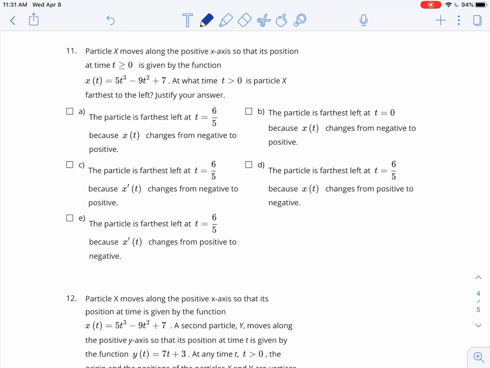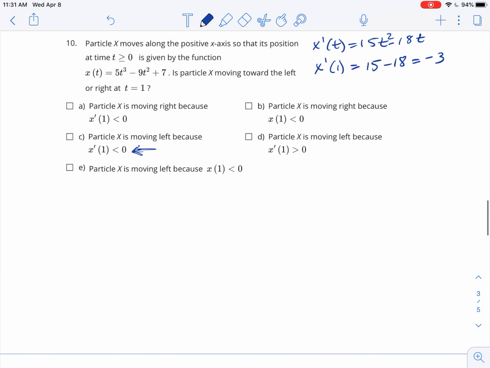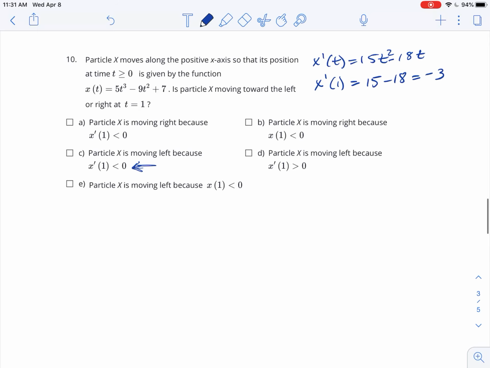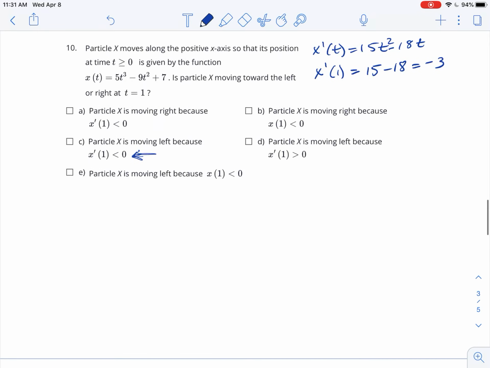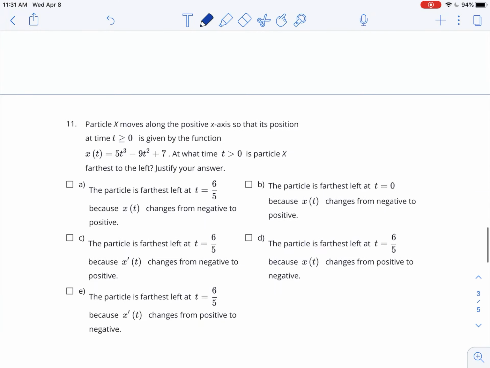Okay, 11, particle x moves on the positive x, so its position is given by this. At what time is it furthest to the left? Okay, so that's the same function as the last one, right? Yes. So my derivative is 15t squared minus 18t.